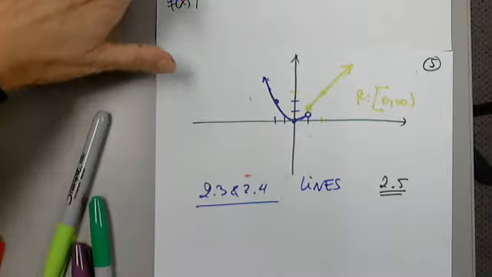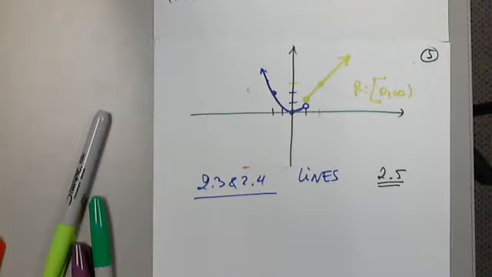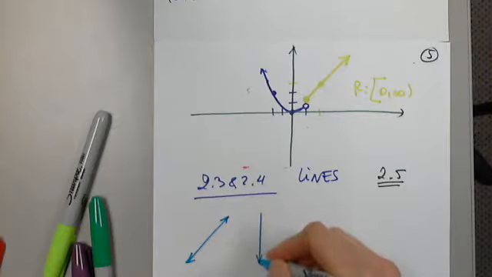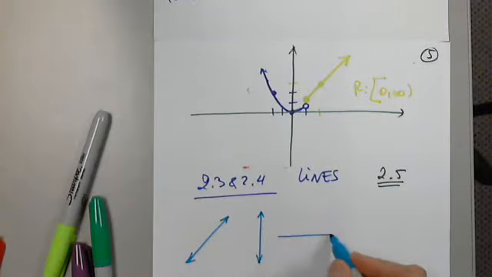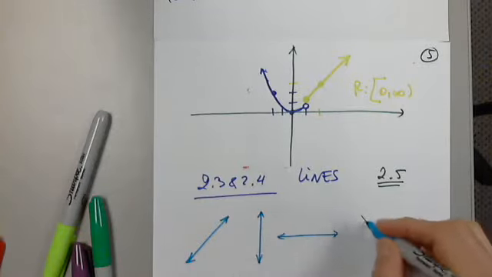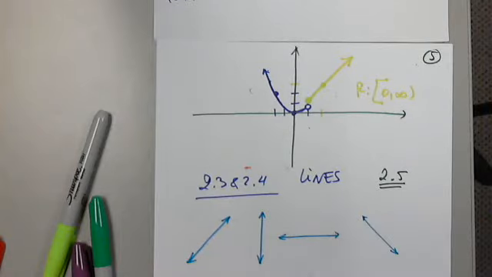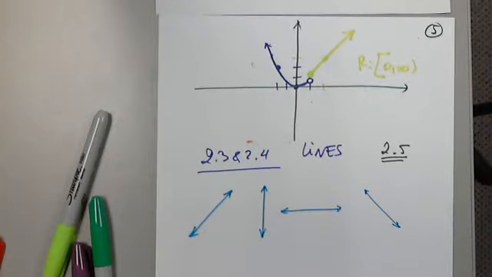Okay, so we know we have several types of lines. This is one. This is the second one. This is the third. And this is the fourth. Types of lines.